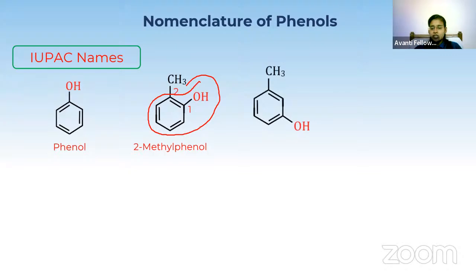What could be the name for this compound, students? If it is numbered like this, what is the name? Very easy, right? Try the name for this compound. So in the third carbon, we have the methyl group.